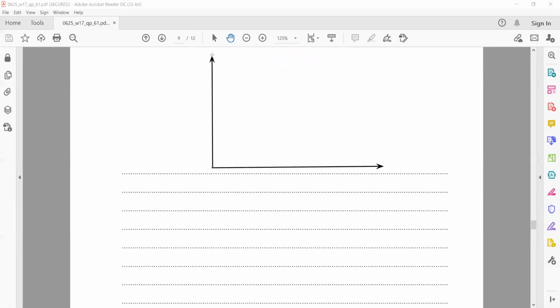To write a precise answer, mention plot a graph between the diameter on x-axis and time period on y-axis, or it can be the other way around. You don't have to sketch a graph, you just mention that plot a graph, because these are the two quantities whose effect we are finding.